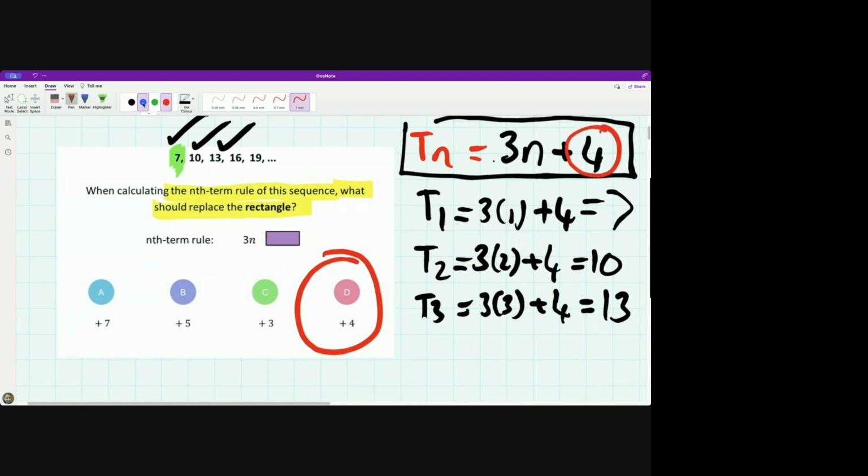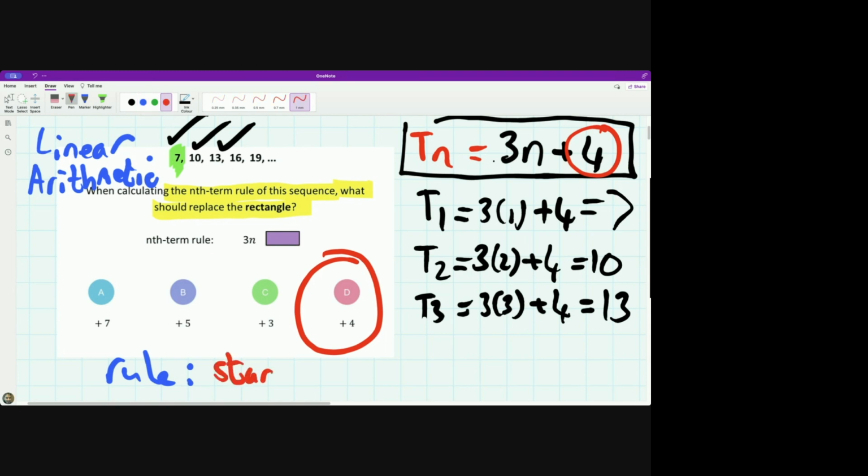Now, just to give you some language, this is called a linear number pattern, or some teachers will call it an arithmetic number pattern. What is the rule that describes this pattern? It says, I start at 7, and then I add 3 each time.